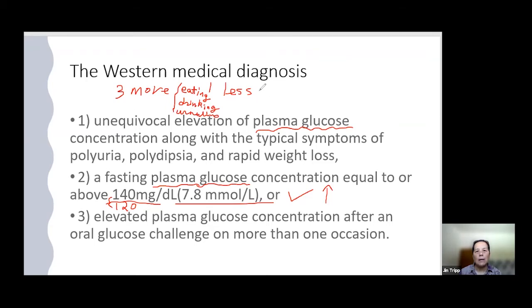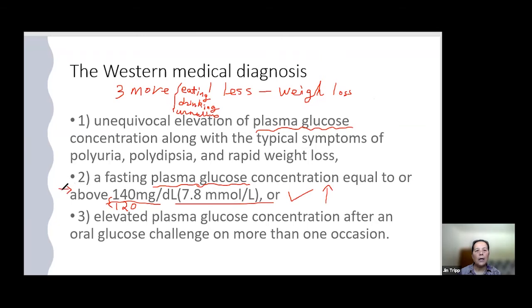One less. What's the one less? Body weight loss. Even though they eat more, they still don't gain body weight. So those are the typical symptoms for a diabetes patient. If a patient has typical symptoms, then go to a blood test.